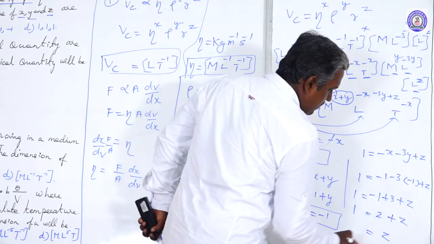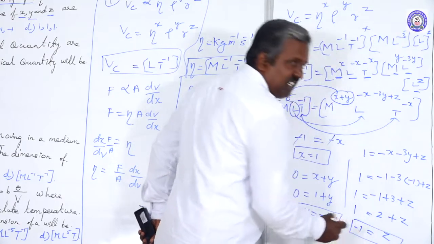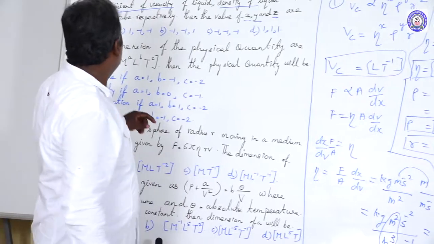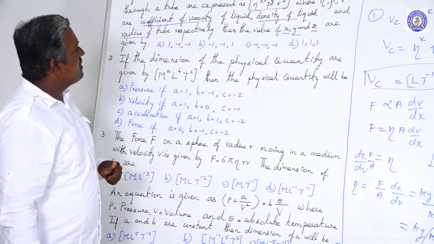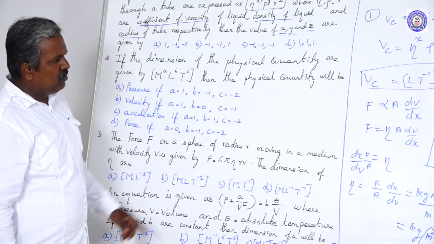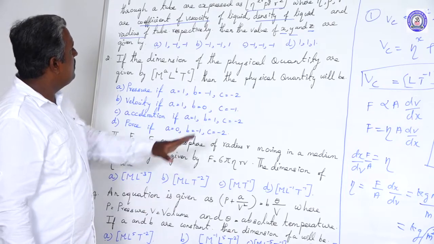So z is equal to minus 1. Yes or no? So x is equal to 1, y is equal to minus 1, z is equal to minus 1.